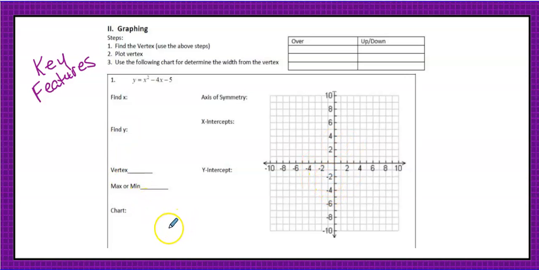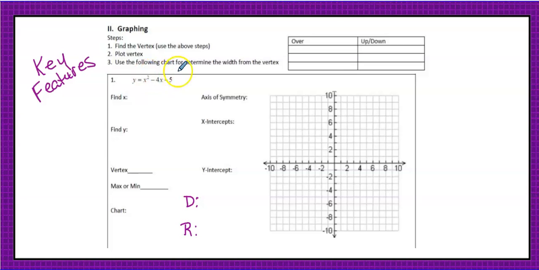But a lot of times I will tell you, go graph this on Desmos and then look at the graph, and let's find these key features with the graph. In Math 3, we add several more key features than what you're looking at right here. I do want to add domain and range, and I'm just going to do a D and an R for domain and range, and we'll talk about what those mean in just a minute.